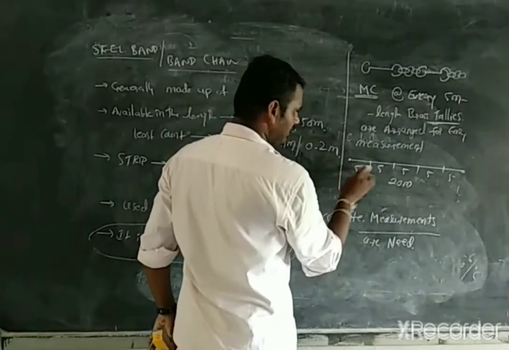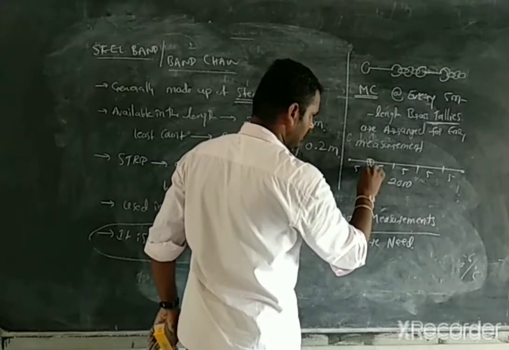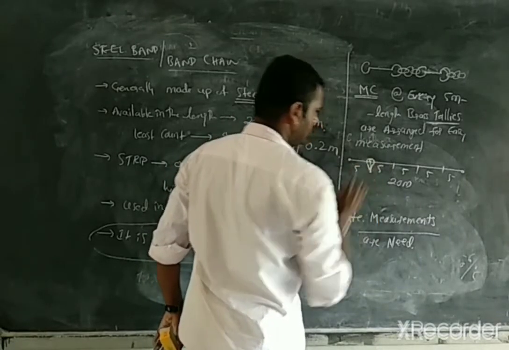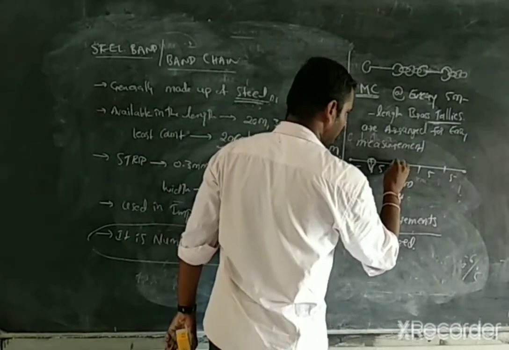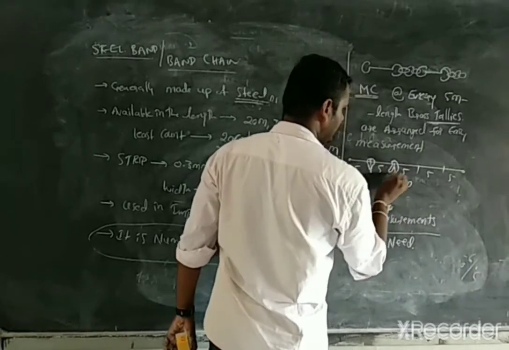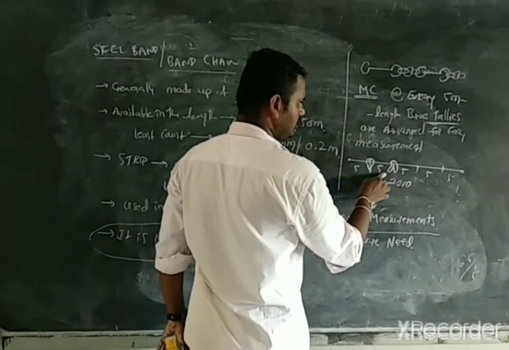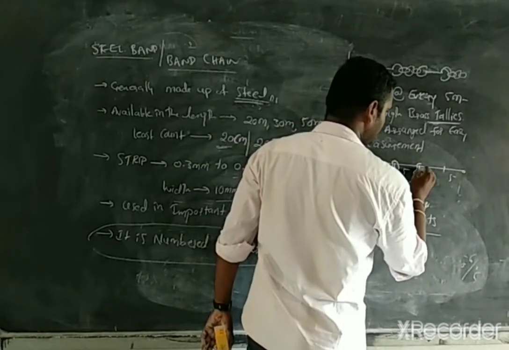At the first 5 meter, it has a tally like this. At the second 5 meter, it has a tally with 2 levers, meaning 5 into 2. At the third, it contains 3 levers.